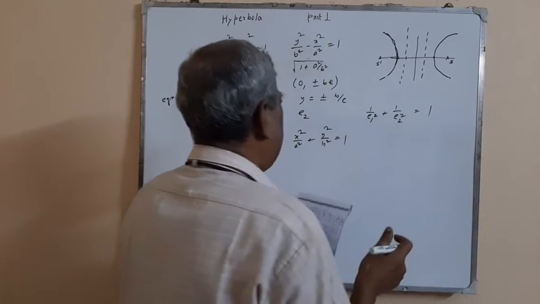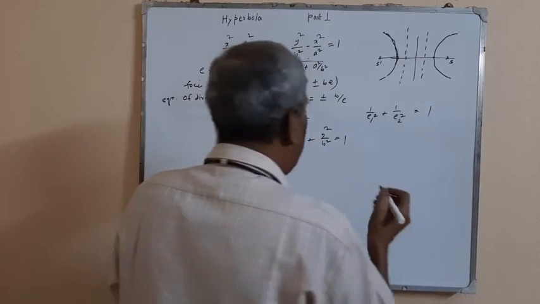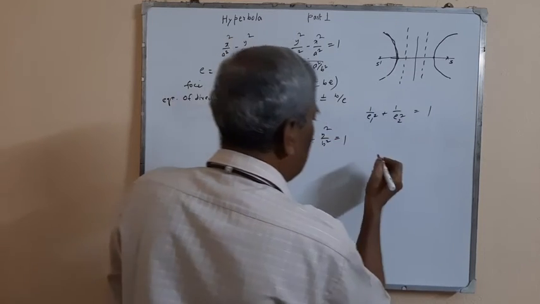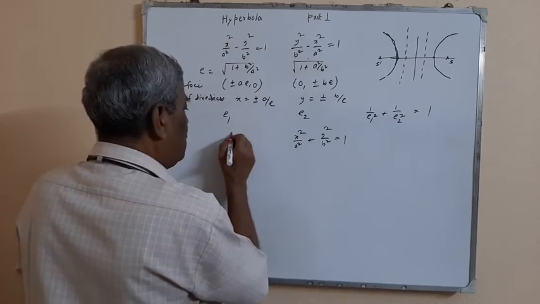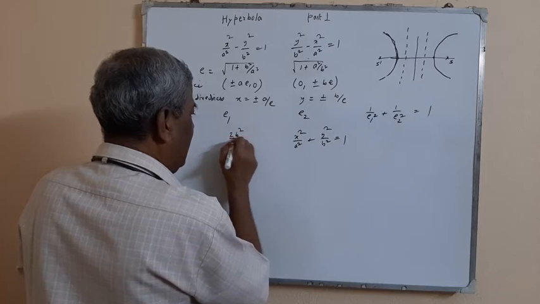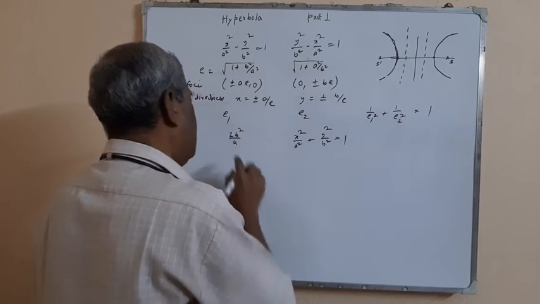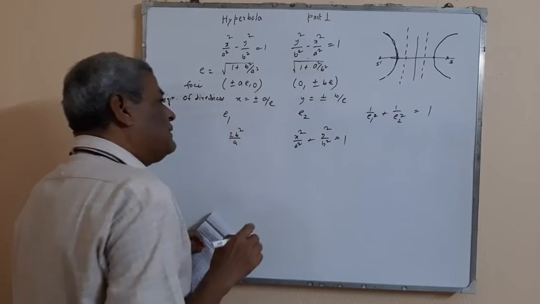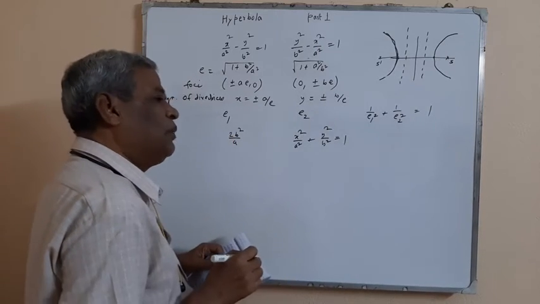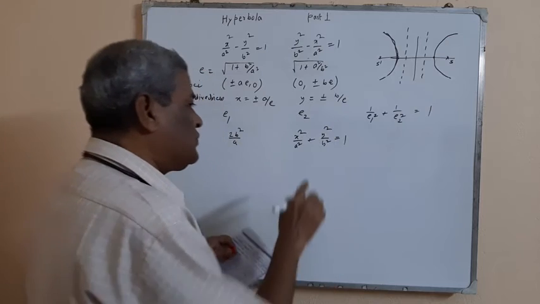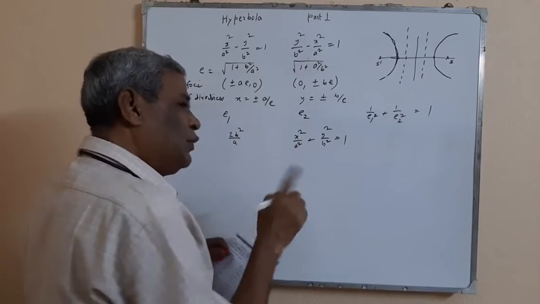Length of latus rectum: for this it is 2b square by a, and for this it is 2a square by b. Now, I told you that if you replace b square by minus b square here, you get all answers.